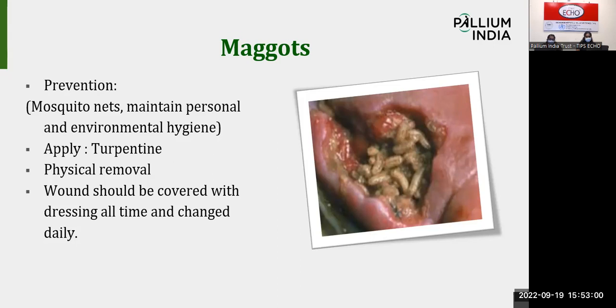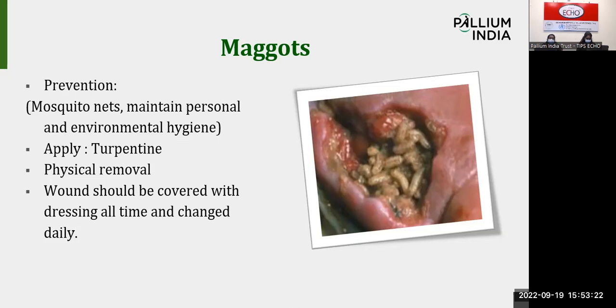They come from flies. They need to cover the wound at all times. Otherwise, usually the house flies are attracted to infected wounds. If there is an infected wound, the house flies are attracted, and when they touch the wounds, they may lay eggs.